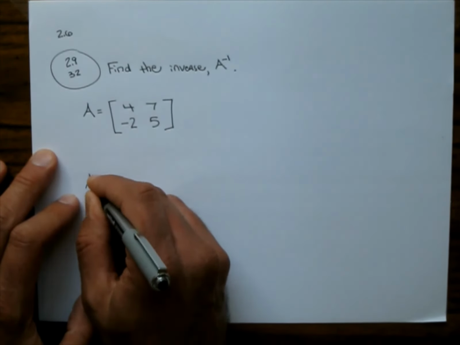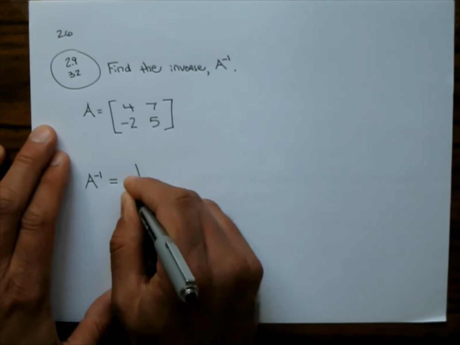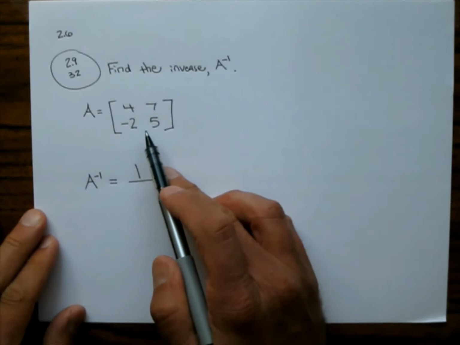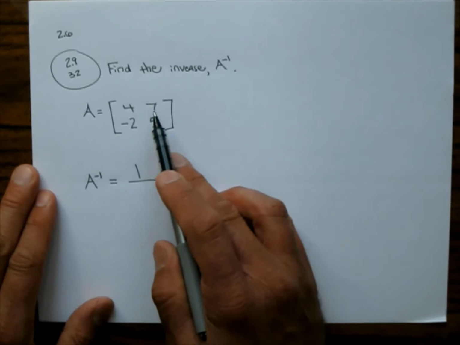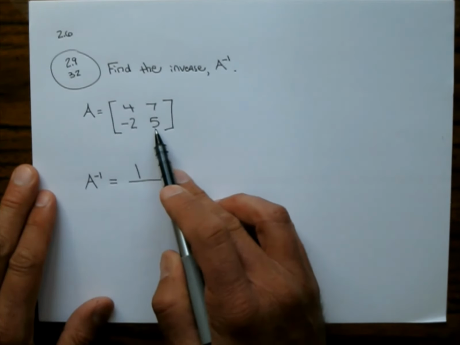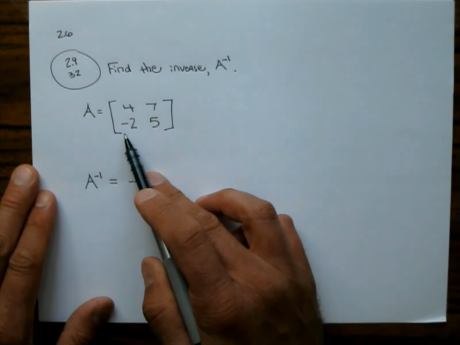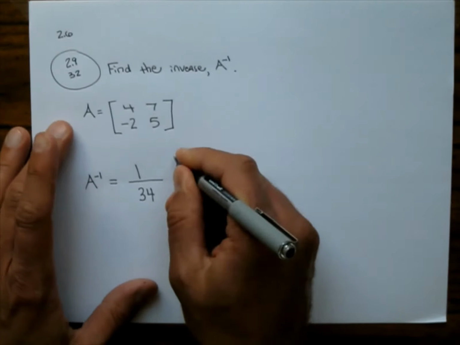The inverse of this matrix equals 1 over the determinant. The determinant of this matrix is ad minus bc. So this is 20 minus a -14, or 20 plus 14, which gives me 34.